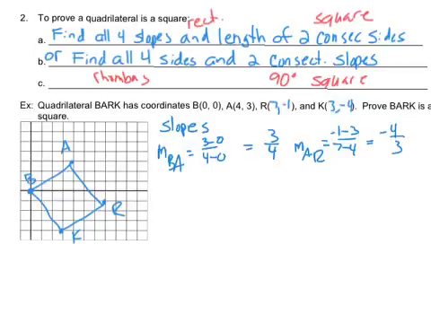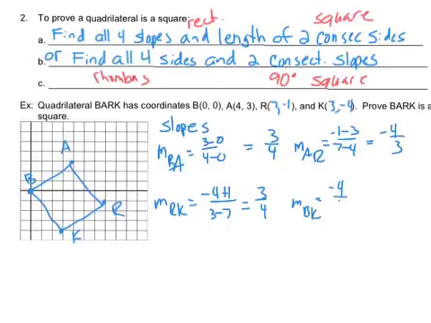That's good. There's my right angle. The slope of RK is going to be negative 4 minus a negative 1 over 3 minus 7, so that ends up being negative 3 over negative 4, which is 3 over 4, and then the slope of BK is going to be negative 4 over 3 again.